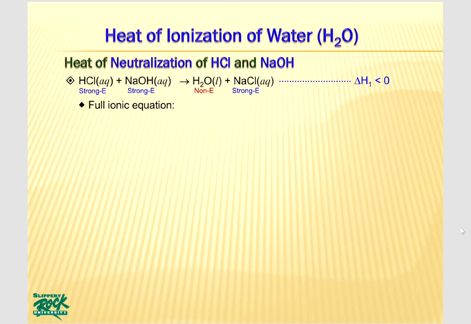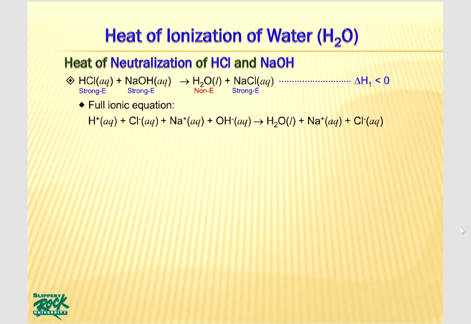In a full ionic equation, HCl and NaOH break apart into ions because they are strong electrolytes. H2O should be written as is because it's a non-electrolyte. NaCl breaks apart into ions because it's a strong electrolyte.